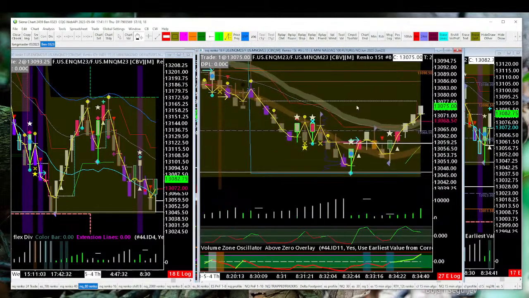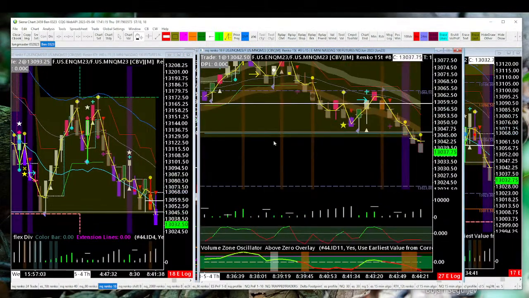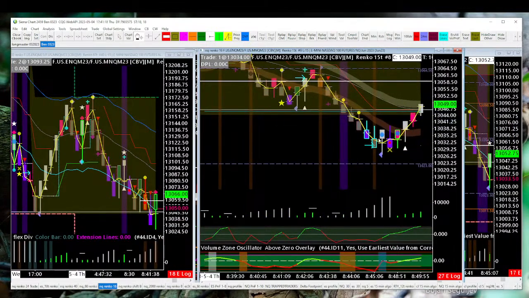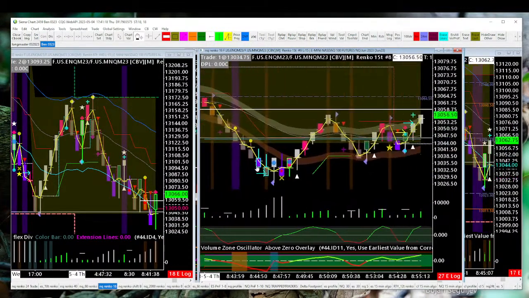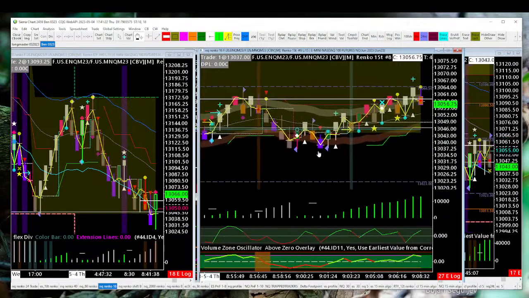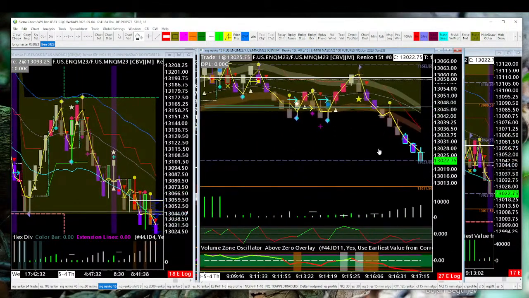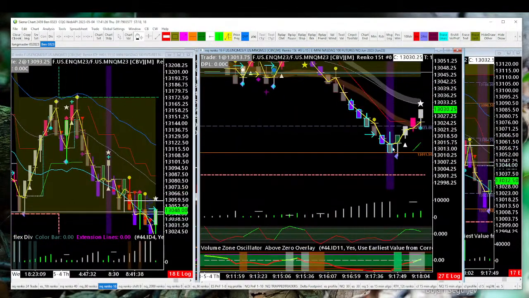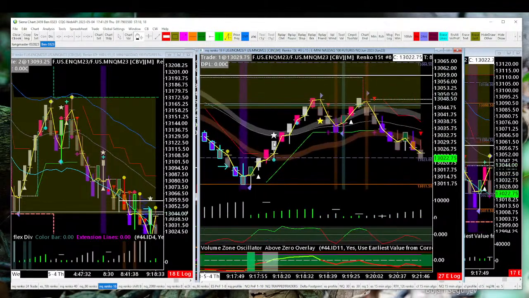And then right after it fails, let me just erase the lines quick. Right after it fails miserably, that low holds, if I remember correctly.